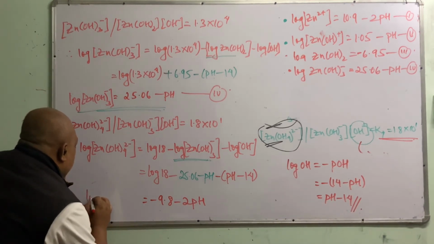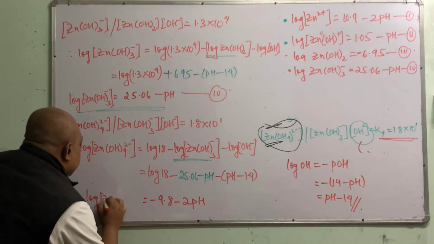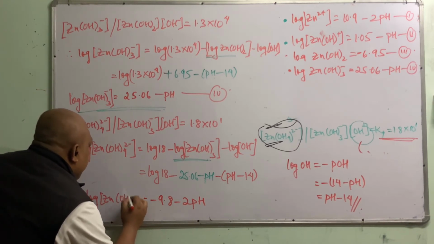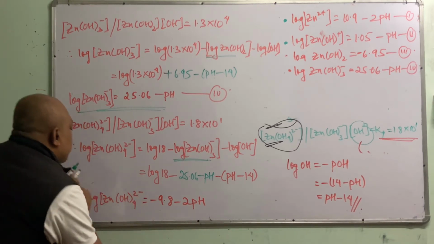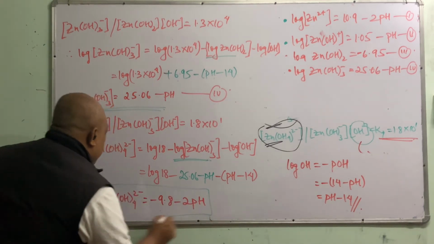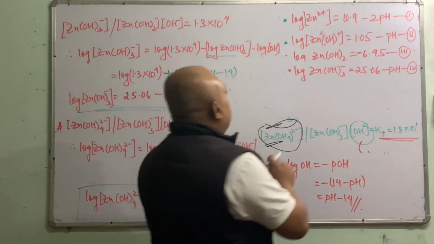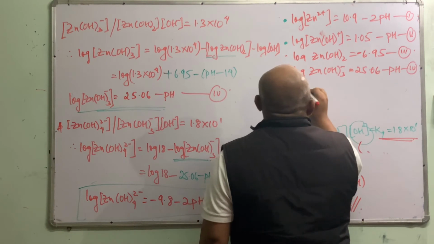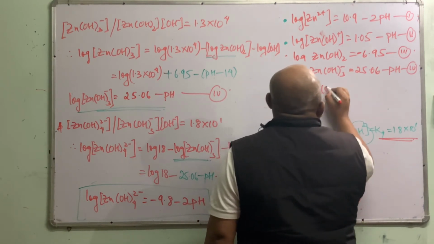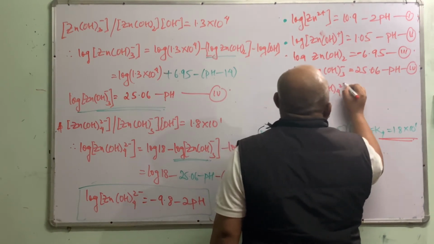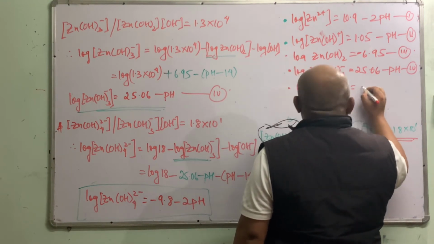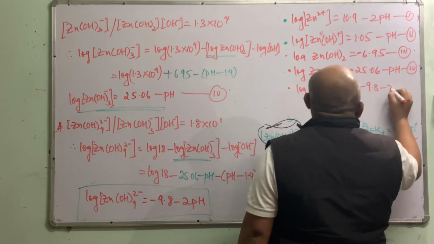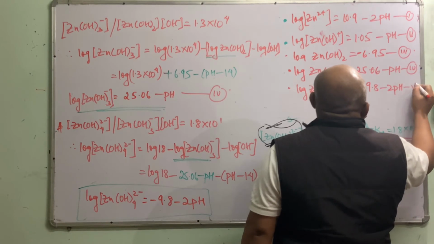That is log of ZnOH4 2 minus. Please remember this one. This is the last equation. So log of ZnOH4 2 minus is equal to minus 9.8 minus 2 pH.